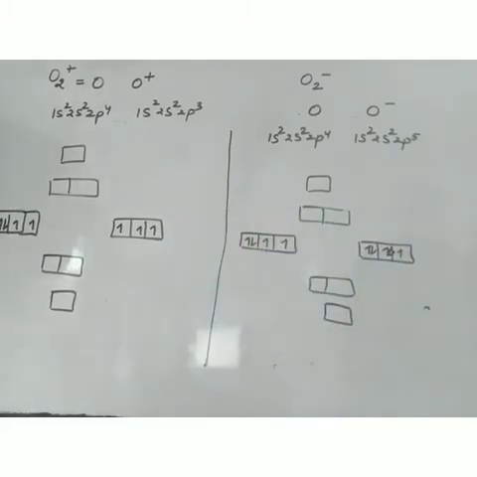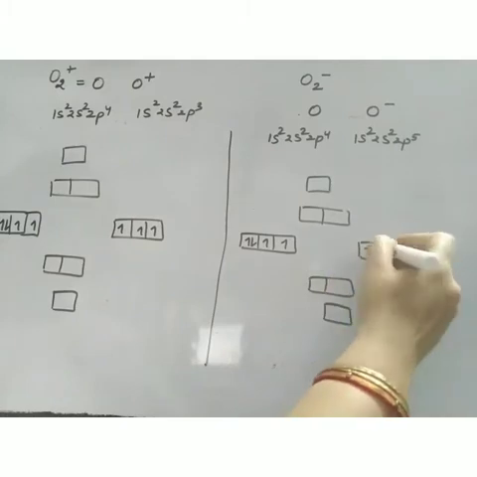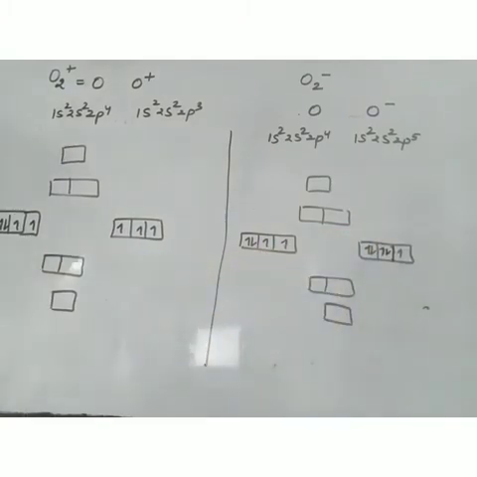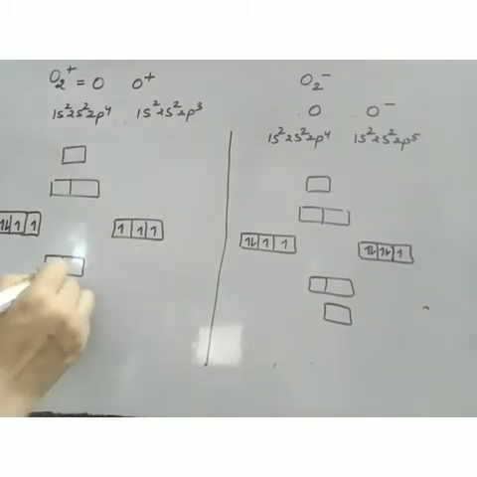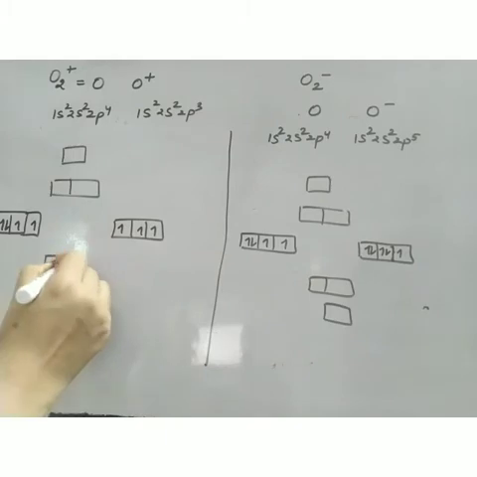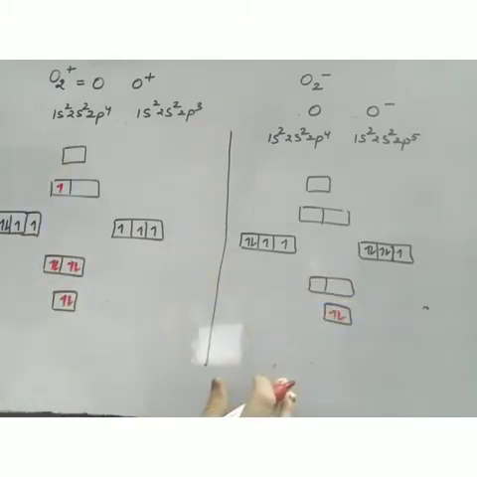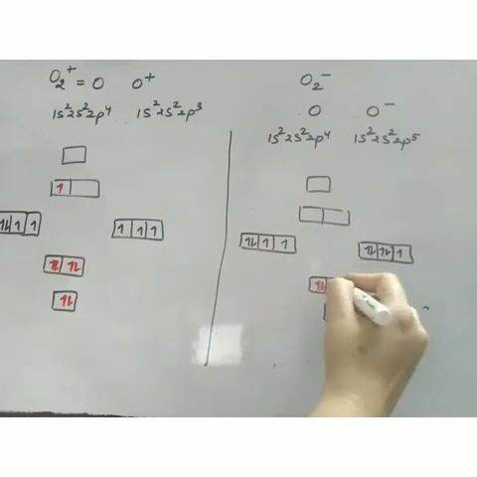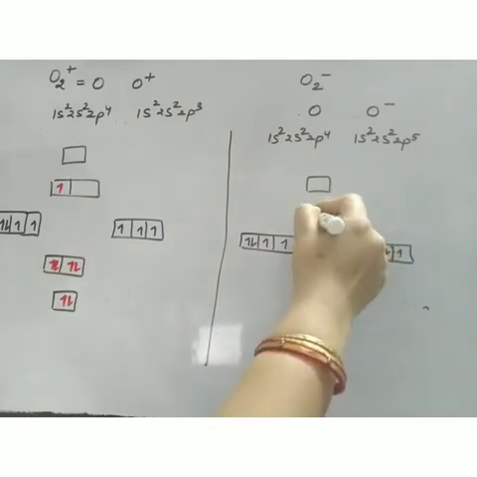So how to fill the electrons? 4 plus 3 is 7, so 1, 2, 3, 4, 5, 6 and 7, and here 1, 2, 3, 4, 5, 6, 7, 8 and 9.